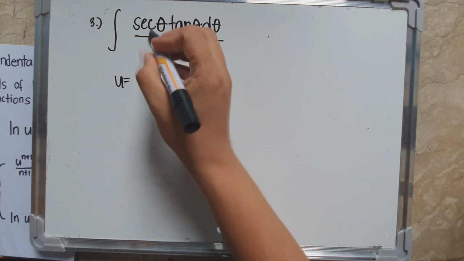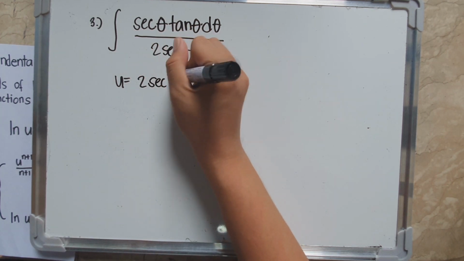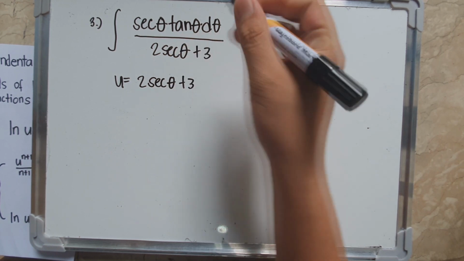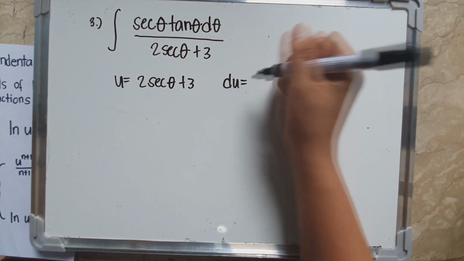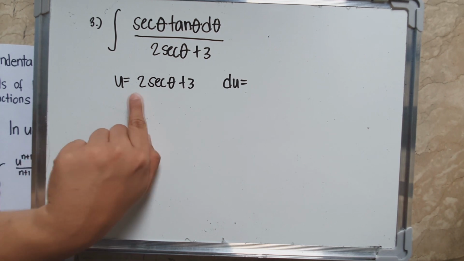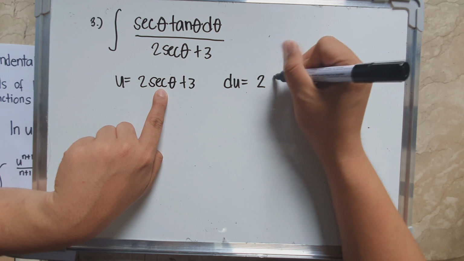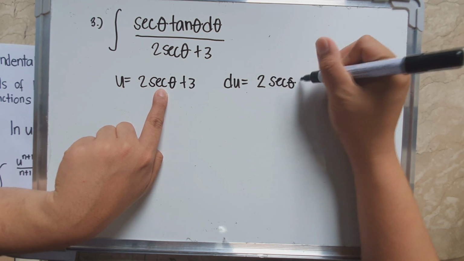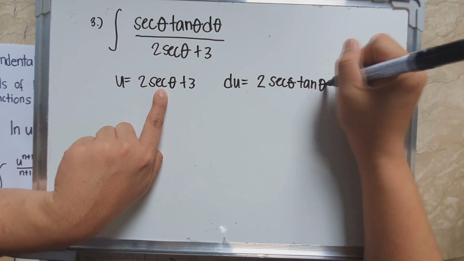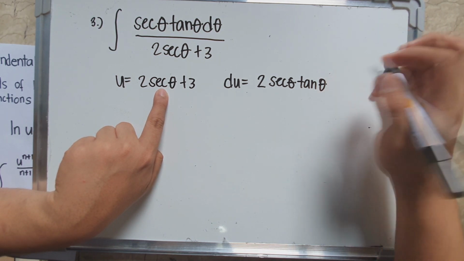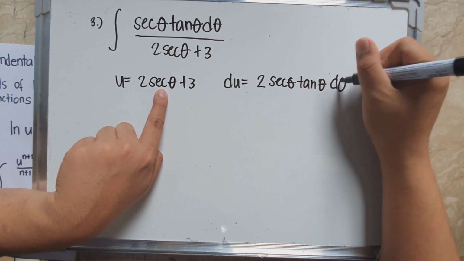So for the u, we have 2 secant theta plus 3, and we take the derivative of the u. Constant multiple rule, copy 2, the derivative of secant theta, that is secant theta tangent theta, and then the derivative of theta, which is d theta.